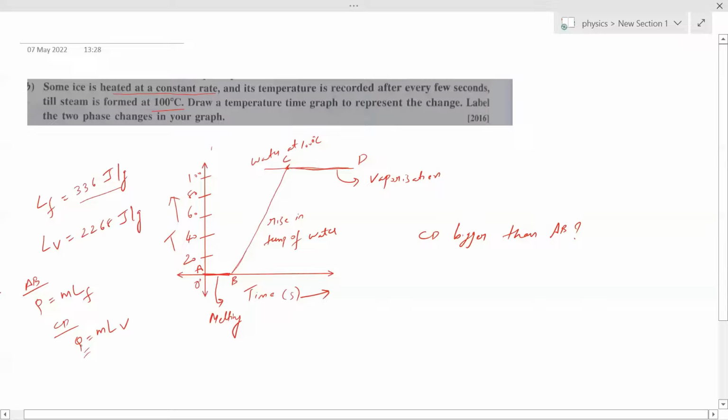So more heat will be required, so more time will be required. That's why this line is bigger. And yes, the specific heat capacity of liquid is more as compared to that of solid. We are not talking about specific heat capacity. We are talking about latent heat.